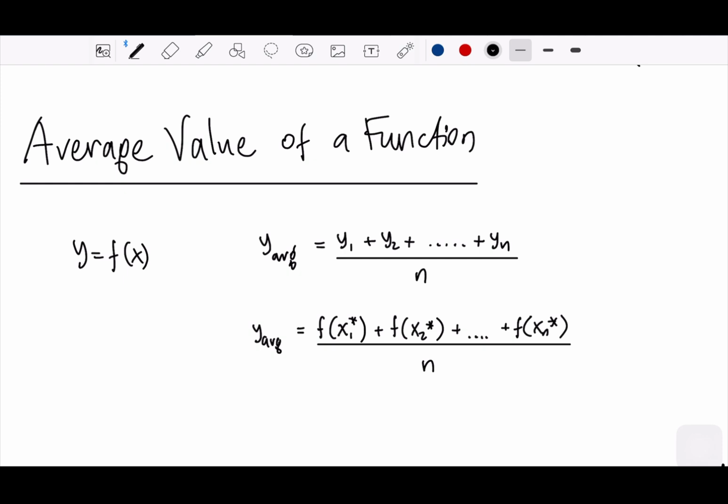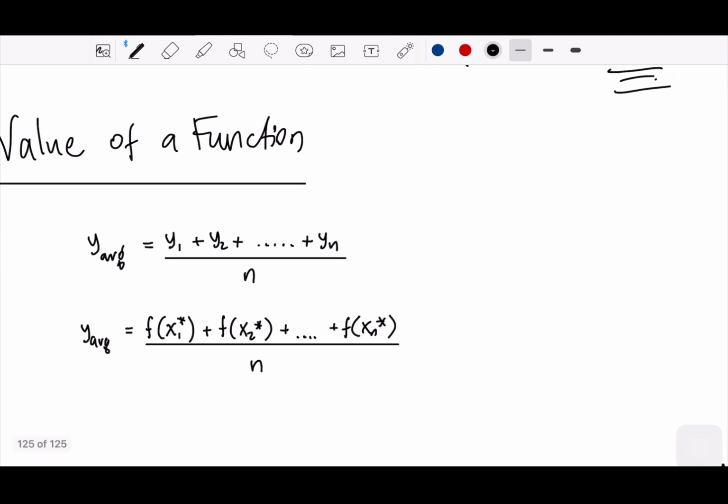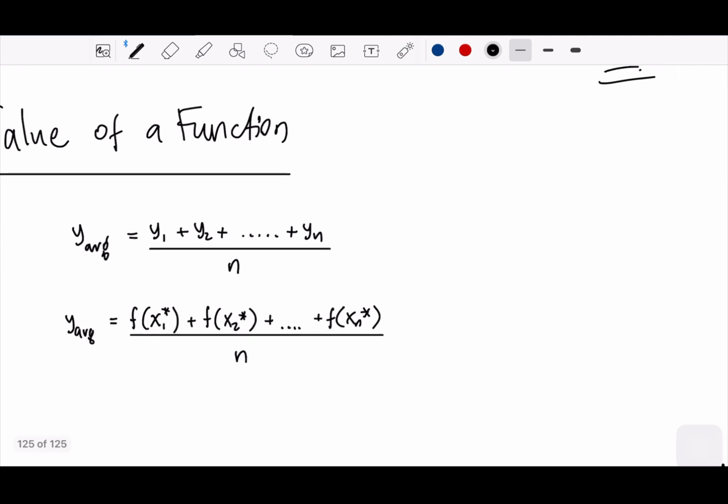Now remember that in the Riemann sum, if we have this random function and we are going to take the area under the curve from a to b, and we have this small rectangle here that we define with the delta x, right?